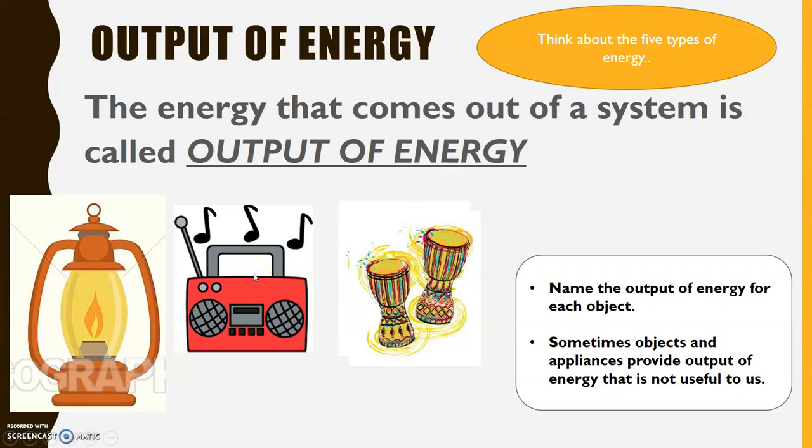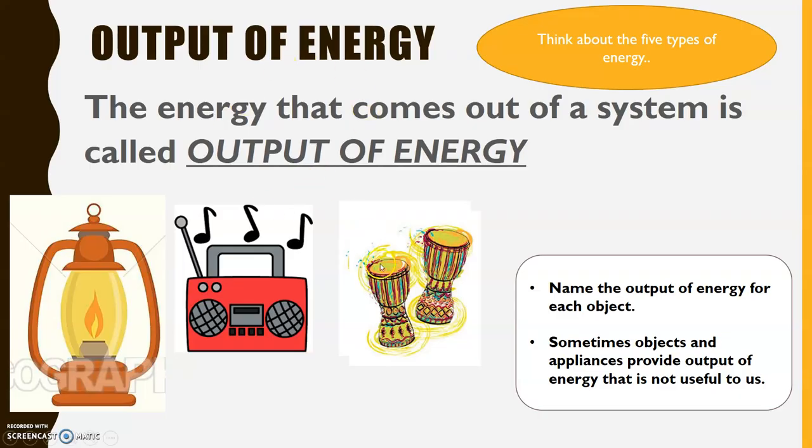This radio, the input energy for this radio is either batteries or electricity, and the output is sound energy. Object 3 is of drums, and the input of energy for these drums is movement energy, remember, of your arm or your hand.